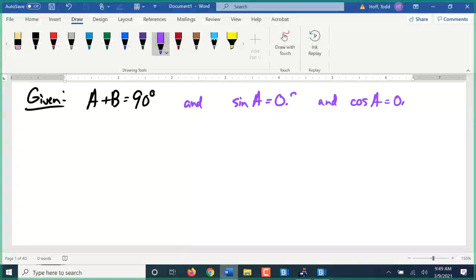We'll make this 0.8 and 0.6. That'll work out better. That way I know they work. The sine of angle A is 0.8. The cosine of angle A is 0.6.